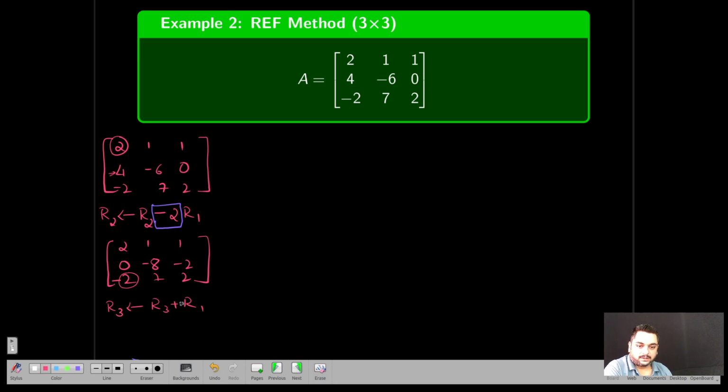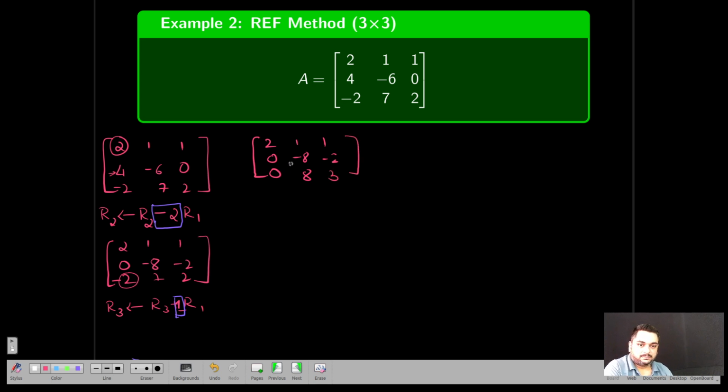Now what is here? I can write this as 1 R1, right? So this is one more multiplier I am getting here. Please note this. Next, what matrix will I get? 2, 1, 1, 0, minus 8, minus 2, then 0, 8, 3.